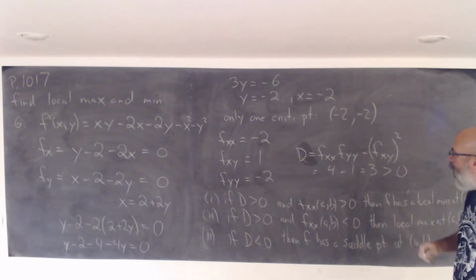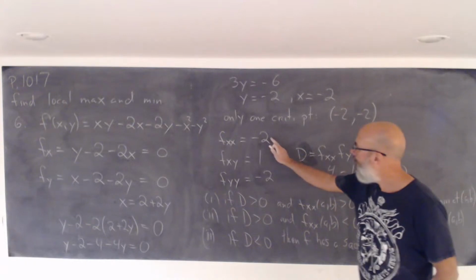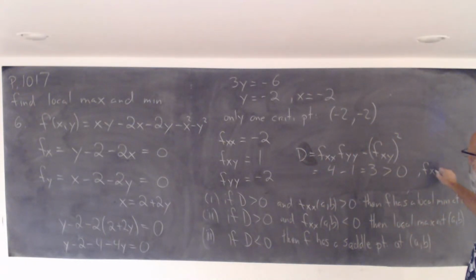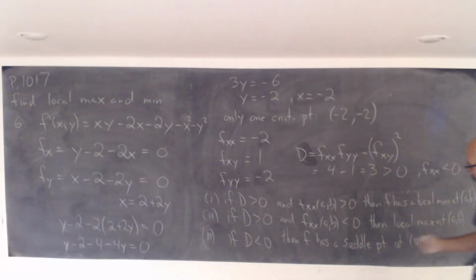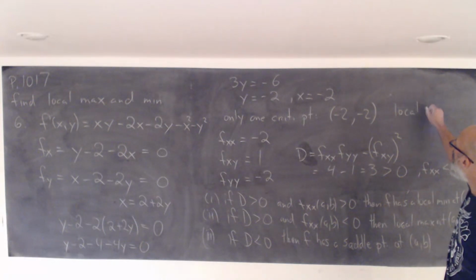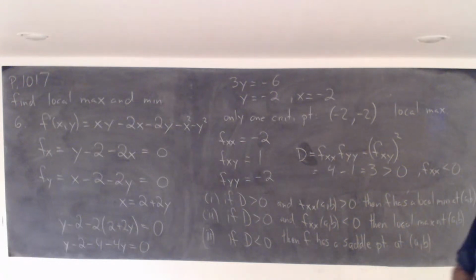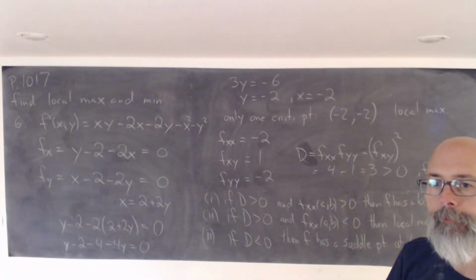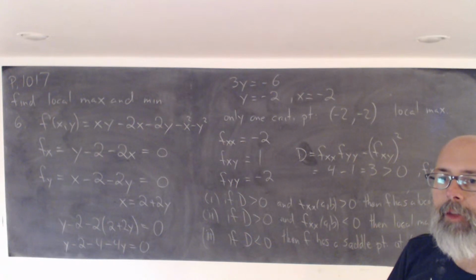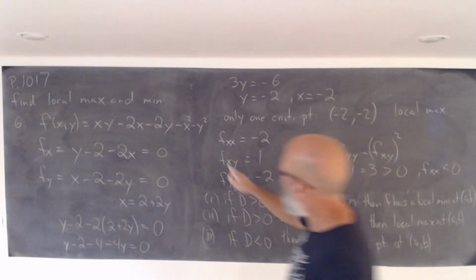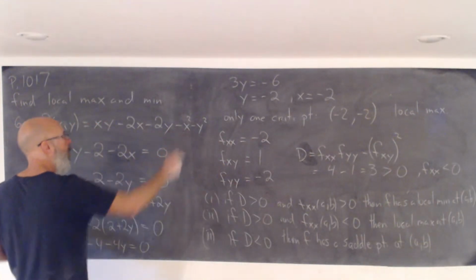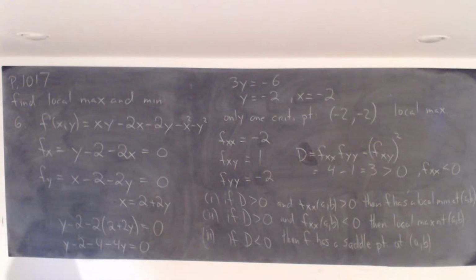So now we have to look at this. F of xx is less than 0. So D is bigger than 0 and fxx is less than 0. We have a local max occurring at the point minus 2, minus 2. We are examining this over an infinite domain, absolutely. This is valid for all points x, y in R2, absolutely, an infinite domain.